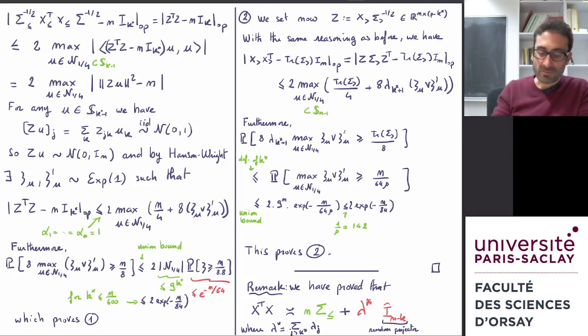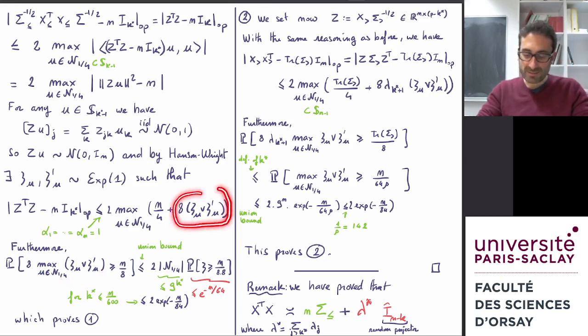Now I will use a simple union bound. If I look at this maximum, I can use a union bound in order to bound it. We'll prove that 8 times the maximum over u of this quantity is larger than n over 8 with small probability.